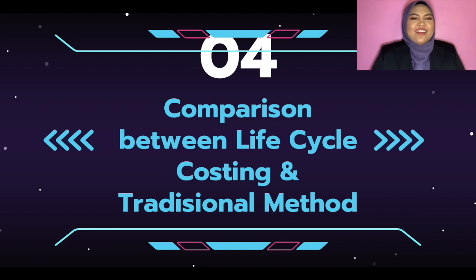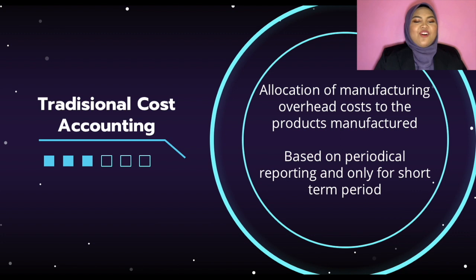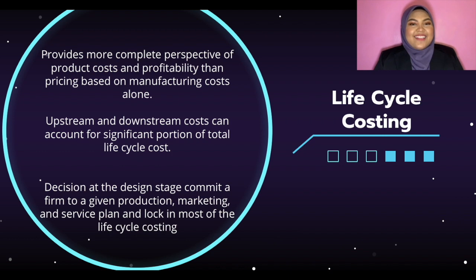Comparison of life cycle costing and the traditional method. As for traditional cost accounting, first, allocation of manufacturing overhead costs to the product manufactured. Second, it is based on periodical reporting and only for a short-term period. Next, life cycle costing.